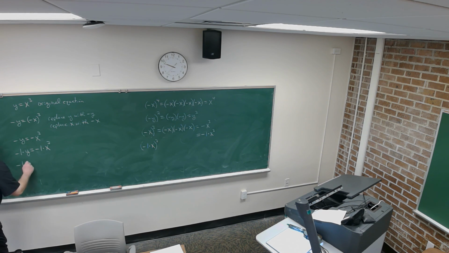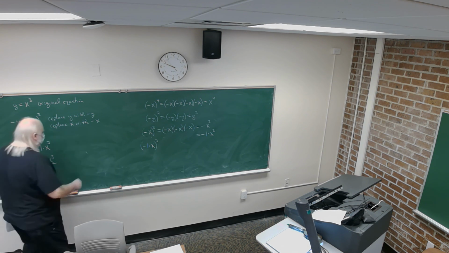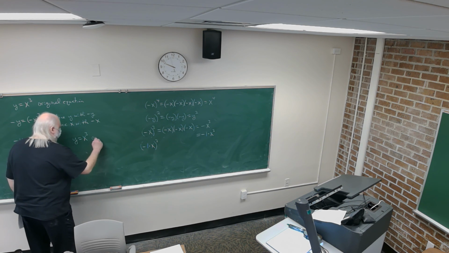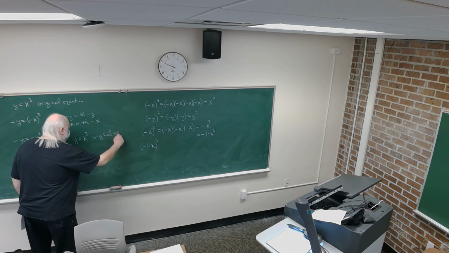Negative 1 times y over negative 1 is equal to negative 1 times x cubed over negative 1. Negative 1 over negative 1 is 1, and so we end up with y equals x cubed. That's our original equation.